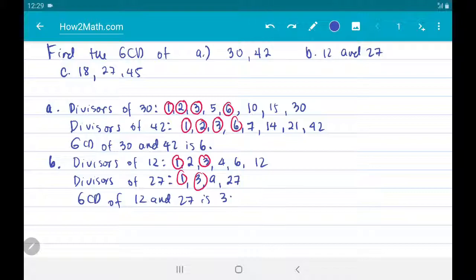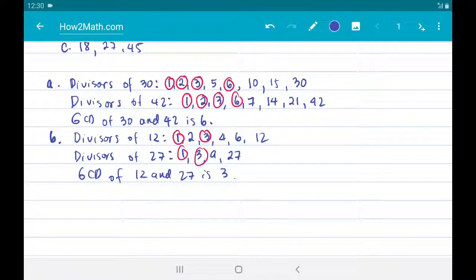Okay, so I think we'll have to answer the last one, 18, 27, and 45. So letter C, divisors of 18. I think we already have 18 here. Oh, no 18 yet.